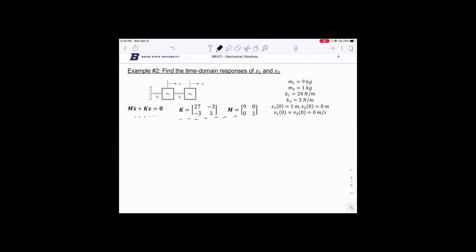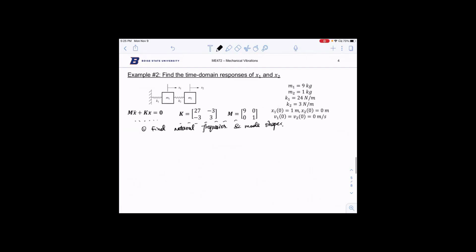So the first part is to find natural frequencies and mode shapes. So what are natural frequencies and mode shapes? That's basically the eigenvalue problem. So the first thing you need to do is find out the D matrix.